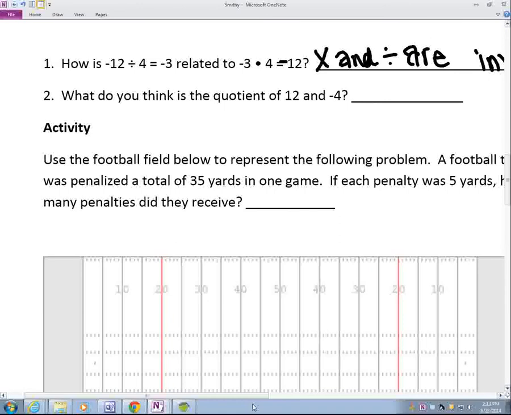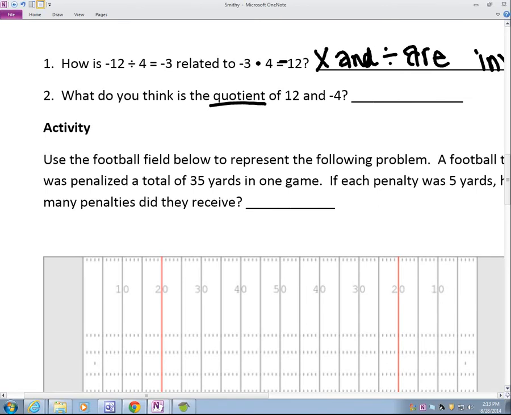What do you think is the quotient? In order to know what that word is, you'll need to know what it is to get the solution. So, can someone tell me what a quotient is? Beautiful. A quotient is the answer to a division problem.